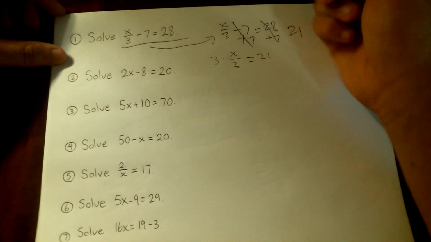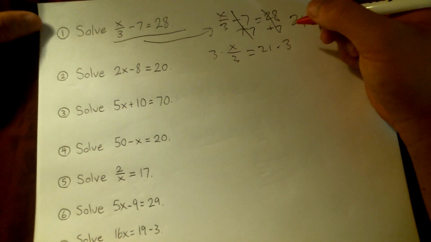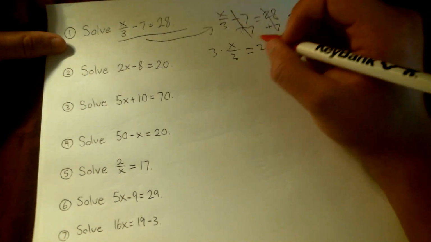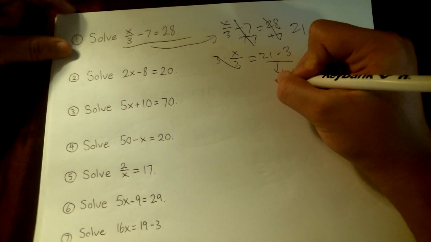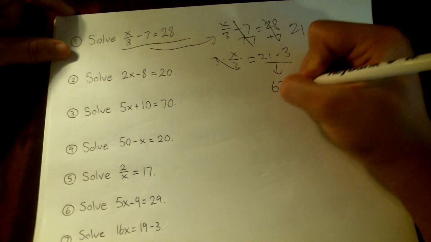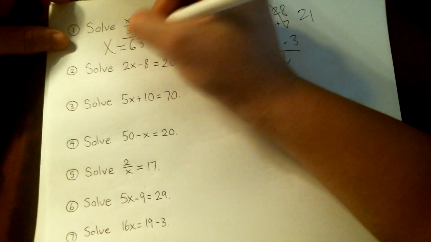Multiplying both sides by 3, this would equal 63. So x would equal 63 here.